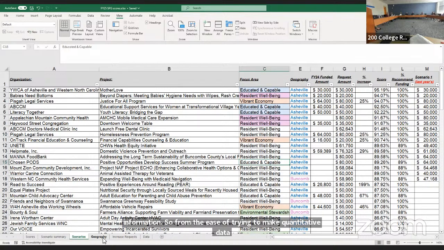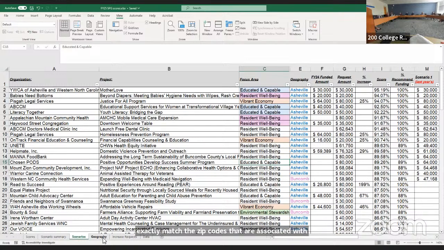And I know that the City of Asheville boundaries don't exactly match the zip codes that are associated with the city, like 28804 includes some Woodfin. But for the purpose of this exercise, we chose projects that were only in Asheville associated zip codes and labeled them as Asheville, and projects that were either exclusively or also in non-Asheville zip codes and labeled them as Buncombe. So it's not an exact match, and we can go in and look at them case by case if we're not sure.